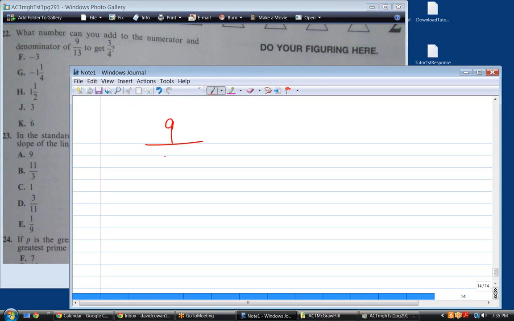In other words, I've got a fraction 9/13 that is not the same as 3/4. But if I add a number to both the numerator and the denominator, it will be the same as 3/4. Right. So how am I going to solve it? Would you, I'm not sure.